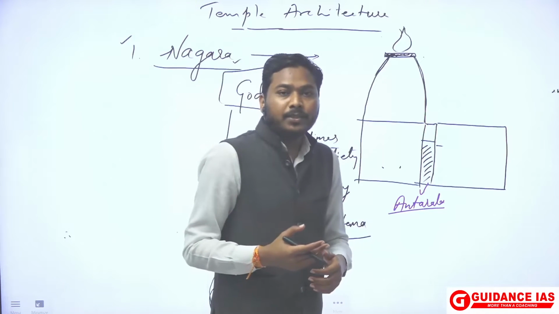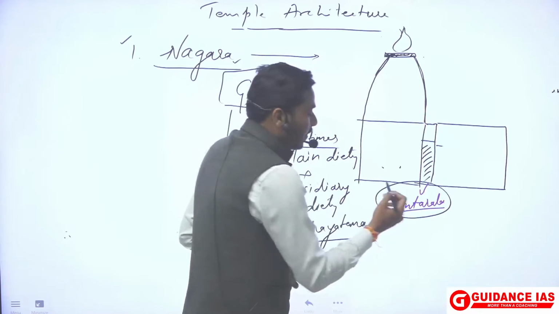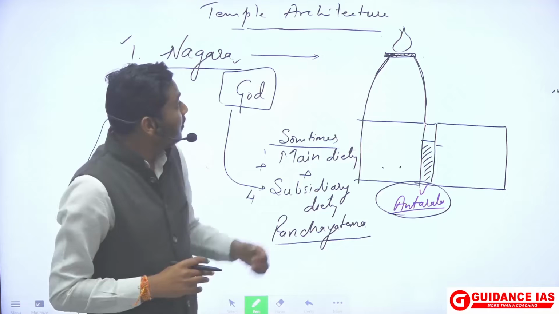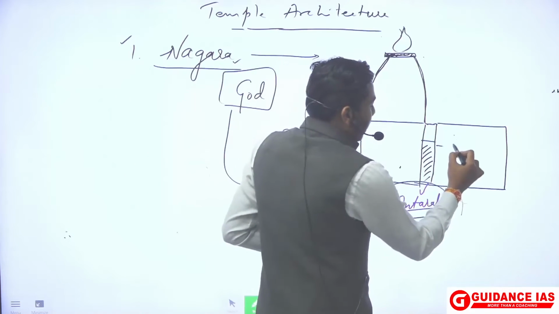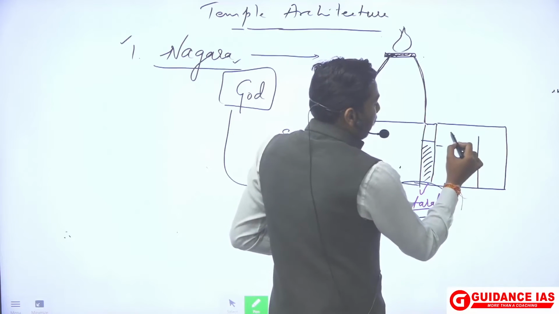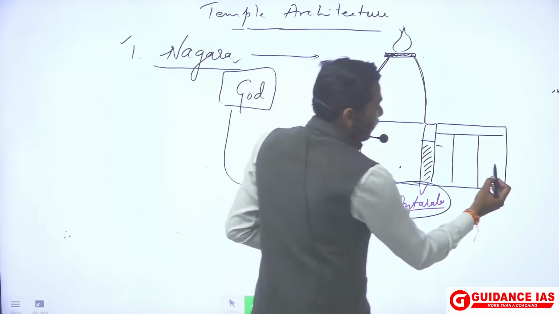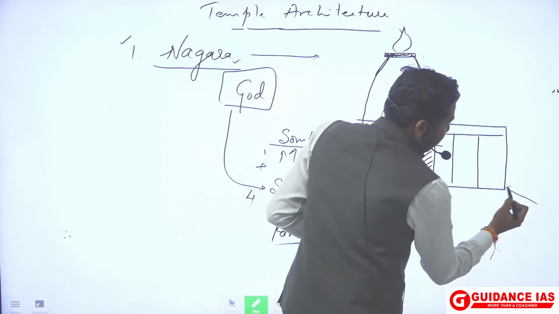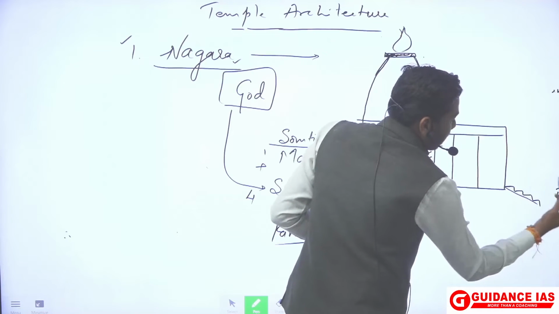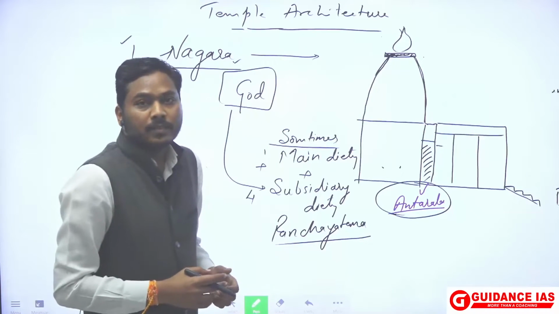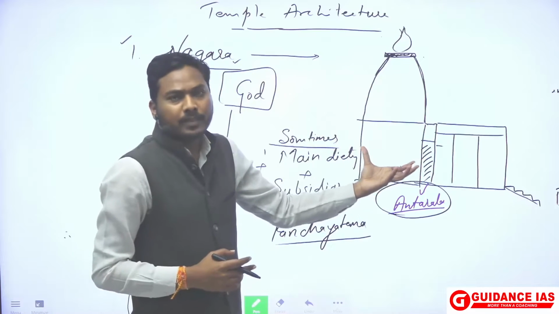But in Hindu temple architecture, we call it antaral. In front of antaral, there is a pillared hall, which we call mandap. Clear? And there are steps, and here is the vahan in front of the deity. Clear? That is the basic structure of a temple.